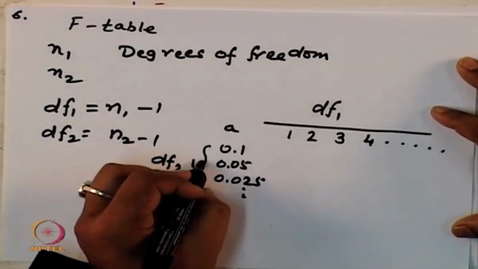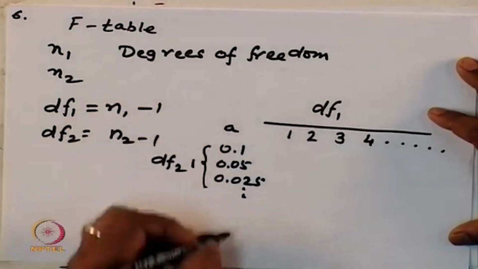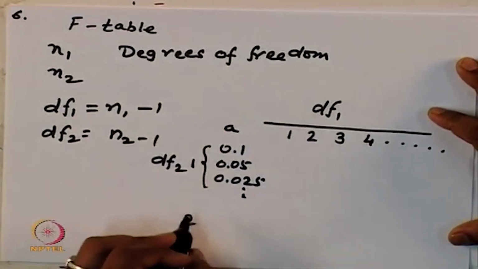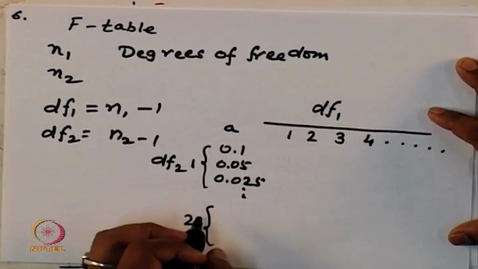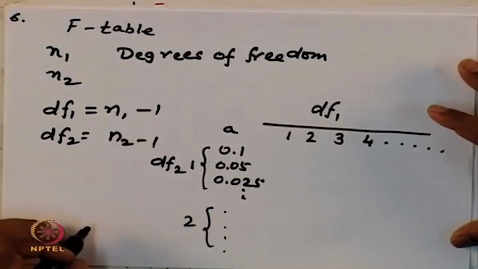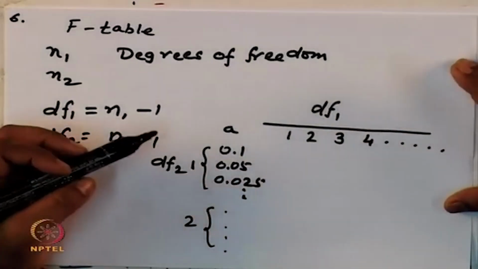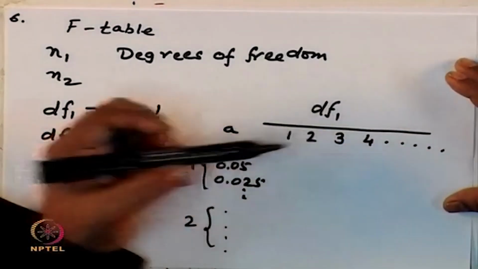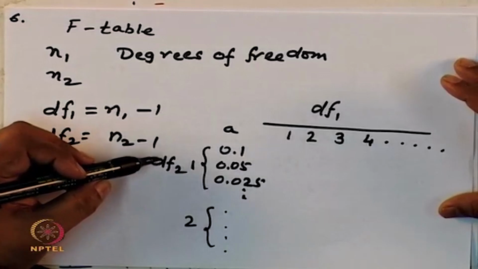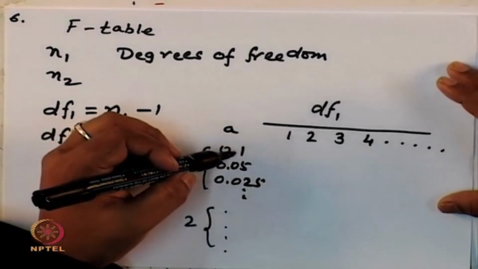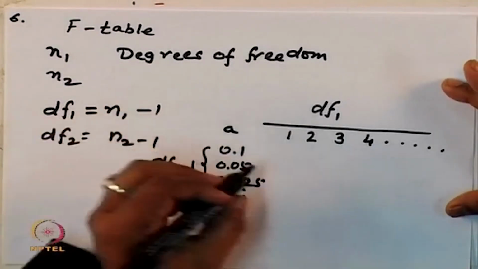So, this is one value corresponding to df2 equal to 1, you have these values of A. Similarly, corresponding to df2 you will have various other values of A. So, these are your significance levels. The way to look up the table is find out what is df1, find out what is df2, and see corresponding to the value of A at the desired level that you want, what is the value.